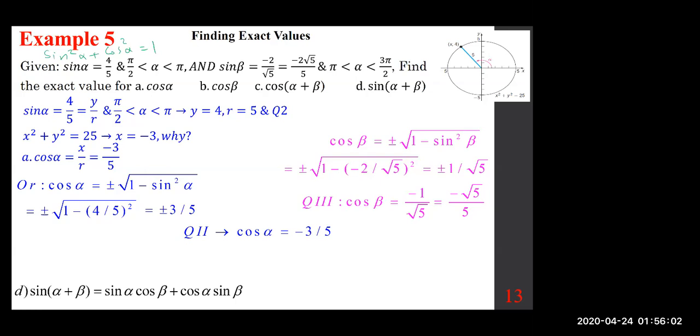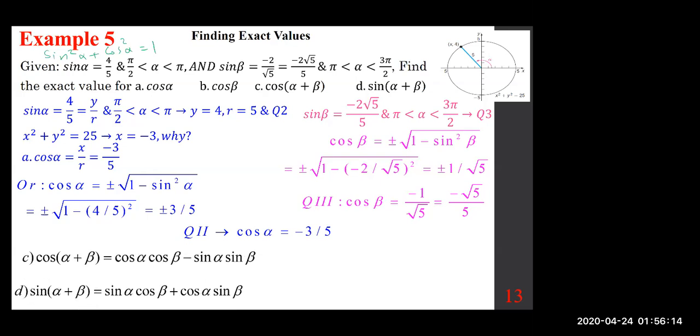And so what happens now? We get to part C. What is cosine of alpha plus beta? So this is the formula that you have and you know. Just plug in. At this point, you don't have to worry about the sign.